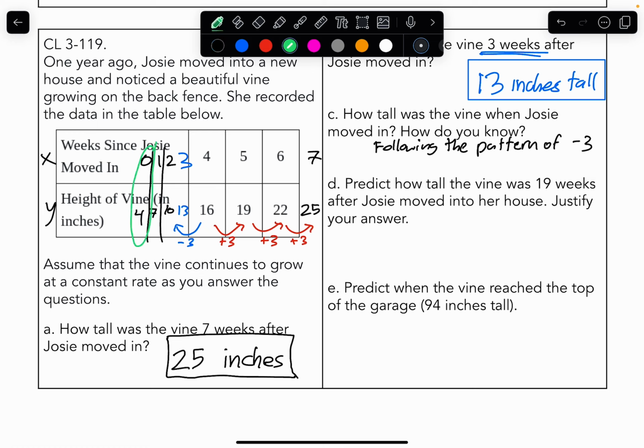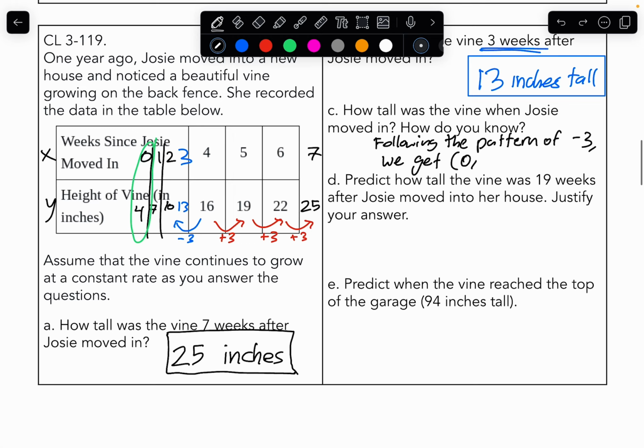That right there is when she moved in. So following the pattern of minus 3, we get 0, comma negative. Oh, I messed that up. 0, comma what?